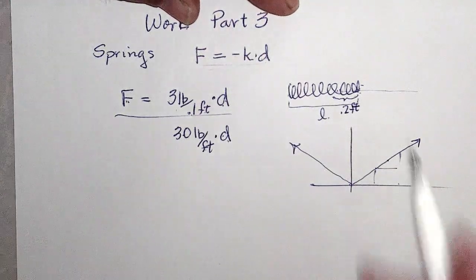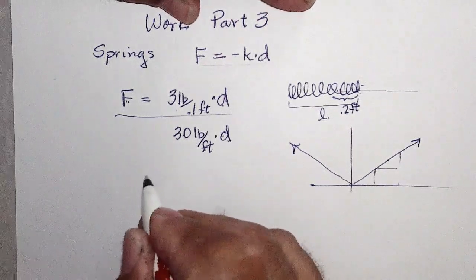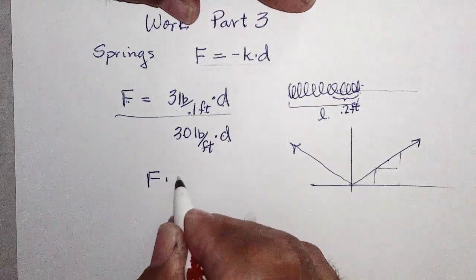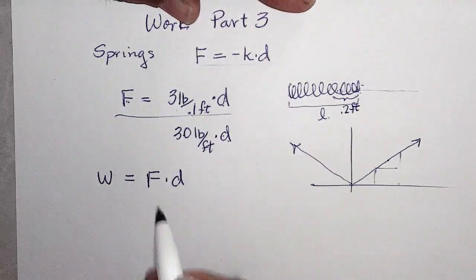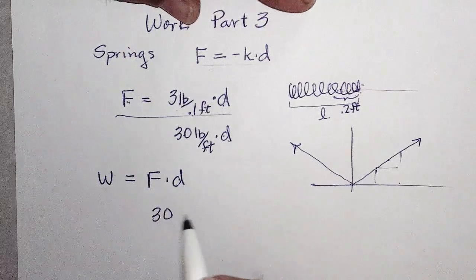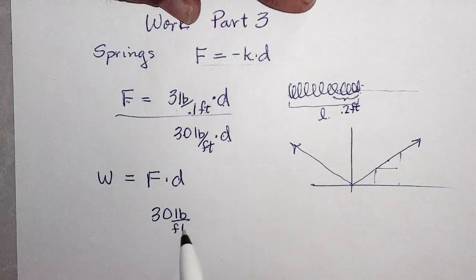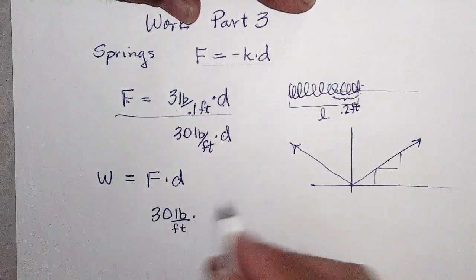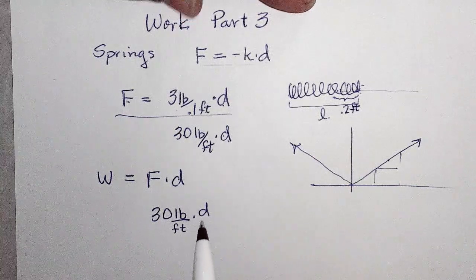You're going to say, well, force times distance is work. And the force is going to be 30 pounds per foot of movement times the distance that it's been moved.